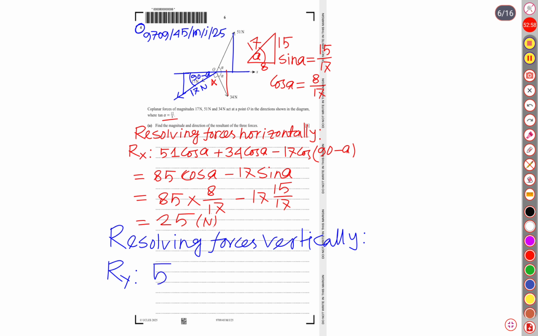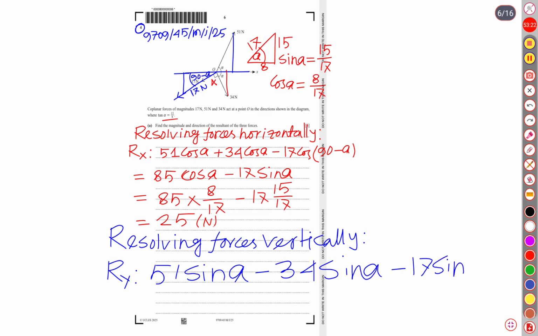The remaining triangles lying below the x-axis are negative, so minus 34 sine alpha, minus the other one, 17 sine(90 minus alpha). Then 51 sine alpha minus 34 sine alpha, if we subtract, is going to be 17 sine alpha.